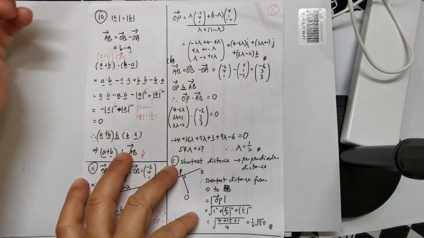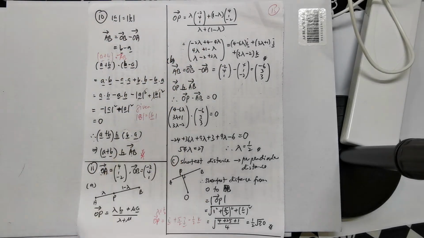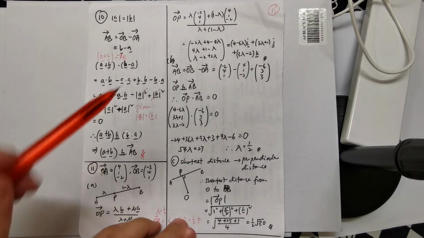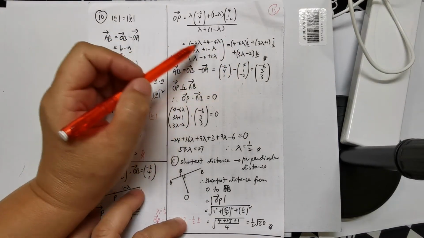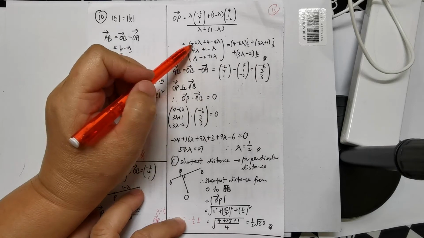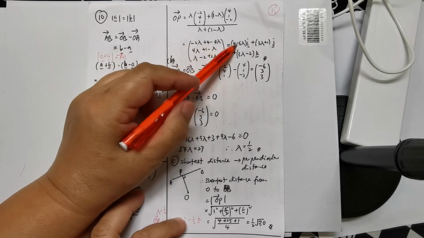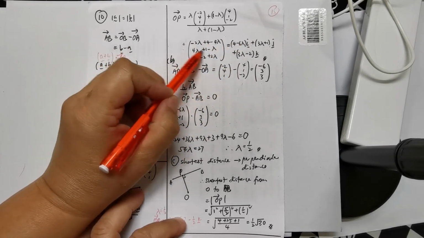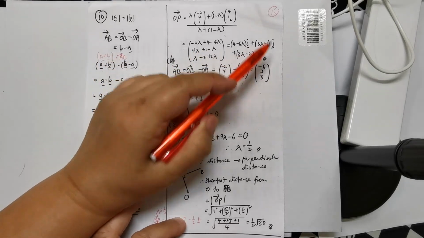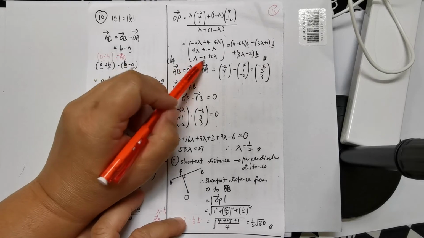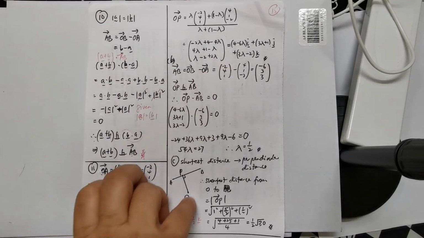Okay, then I simplify, because the question wants us to find the position vector of OP, and they give us the information in i, j, k form. So the final answer is also in i, j, k form. Remember this concept. All right. So after simplifying, this one is 4 minus 6 lambda i. This one, 3 lambda plus 1 j. This one, 3 lambda minus 2 k.